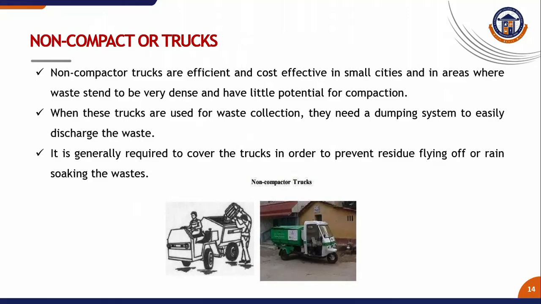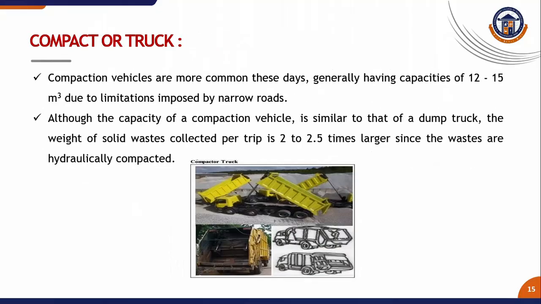It is generally required to cover the trucks to prevent residue flying off or rain soaking the waste. Here you see the color photos of non-compactor trucks used for collecting waste and transporting it to other areas.